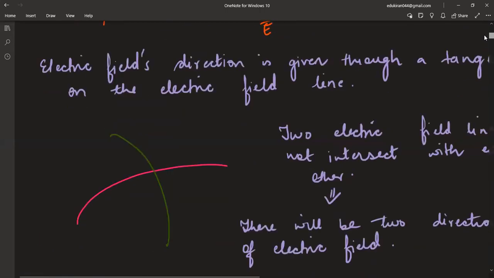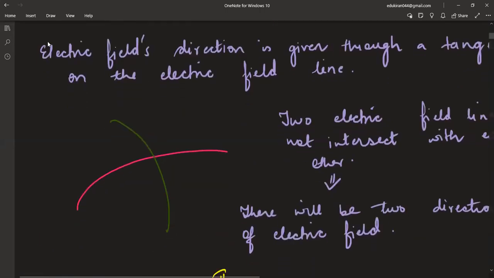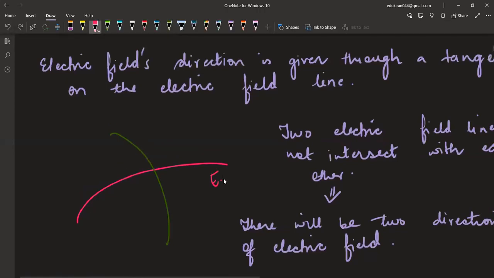See, this is electric field line 1. This is electric field line 2. What did I tell you? The electric field is tangent on it. Tangent to this point would be this, and tangent to this point, I'm calculating it for here.